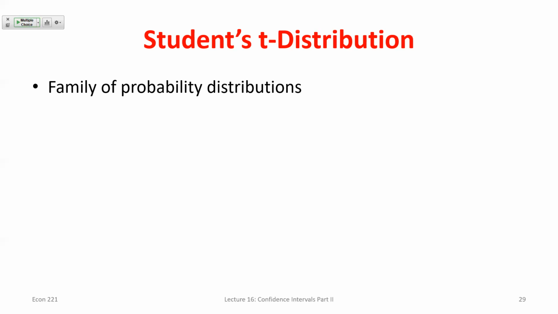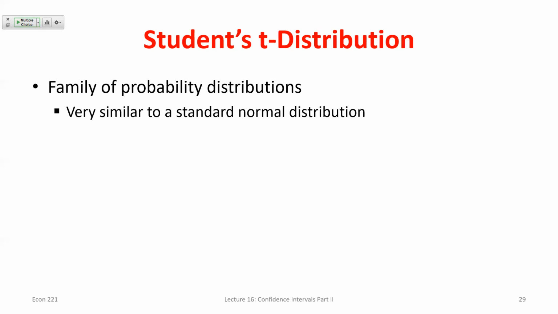As the sample size gets higher and higher, the fact that I'm using a sample variance to approximate it doesn't make as much of a difference. And so as n gets higher and higher, we get closer and closer to that variance of 1, or closer and closer to a standard normal distribution. So technically there is a family of these student t distributions. Every single sample size follows its own student t distribution.